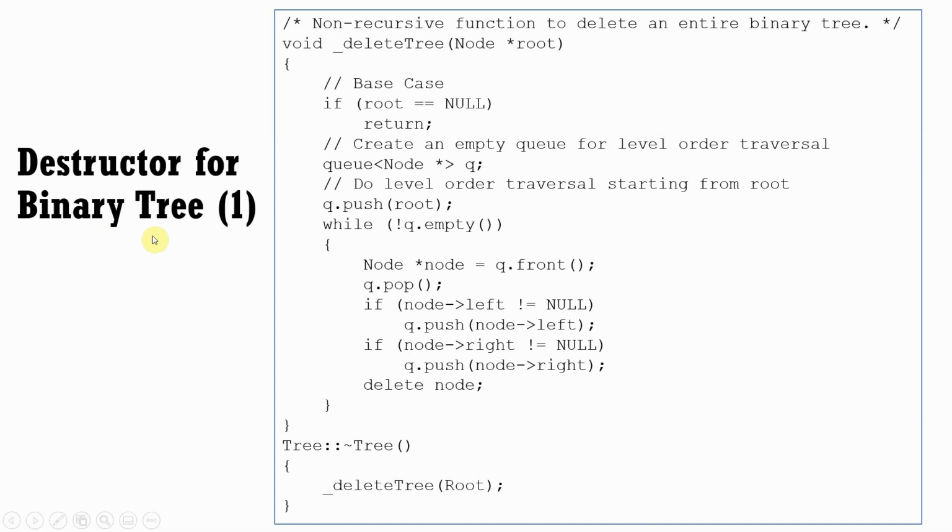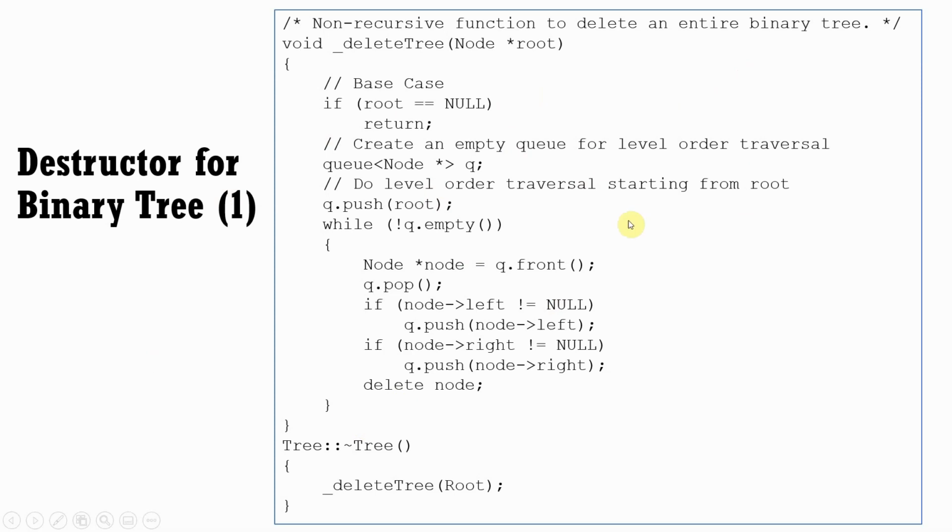For the destructor, you can define it non-recursively, either using stacks or queues. Here you see that this implementation uses queues. What we basically do is traverse through the tree, and the traversal here is level order traversal: first we go through level 0 and then level 1, level 2, level 3, and so on.